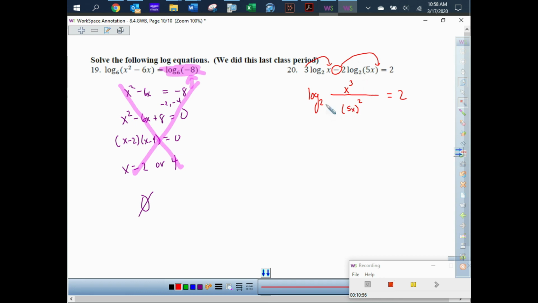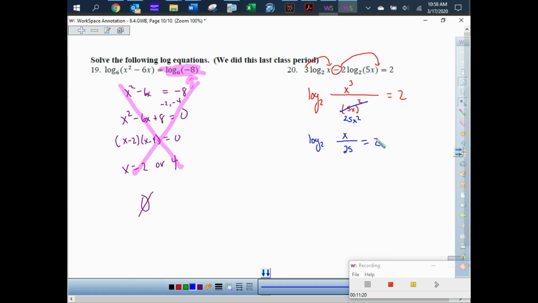Then I'm going to rewrite exponentially. So I'm actually going to clean up this argument first. This is really 25x squared because the 5x needs to get squared. And I'm going to rewrite the whole thing as log base 2 of, since there's 3 x's upstairs and 2 downstairs, we can just call this x over 25. So the x cubed over the x squared simplified a little bit.